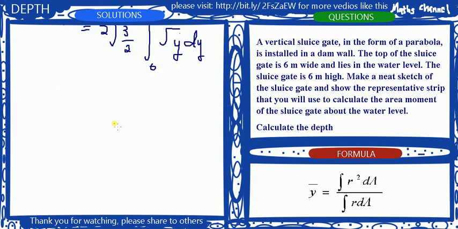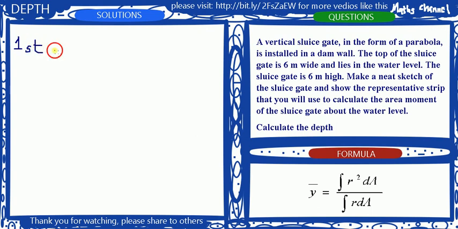So first of all, you have to solve the bottom part, which is called the first moment. And then solving this one, you substitute the value of r.